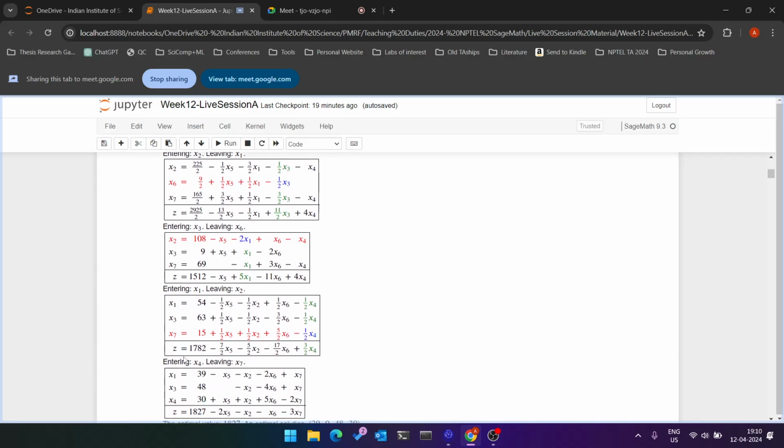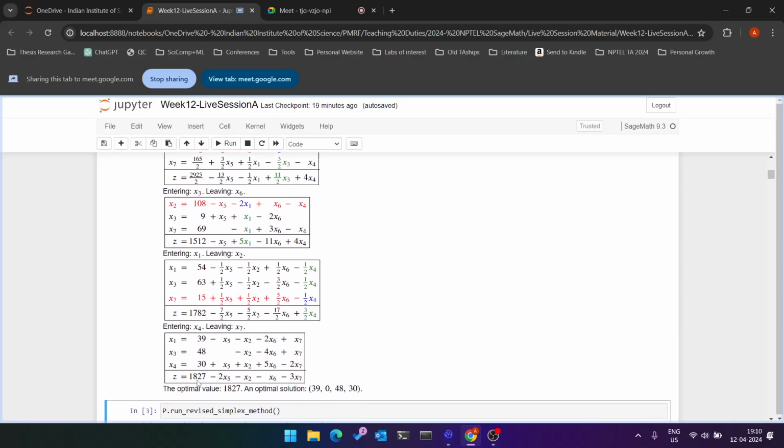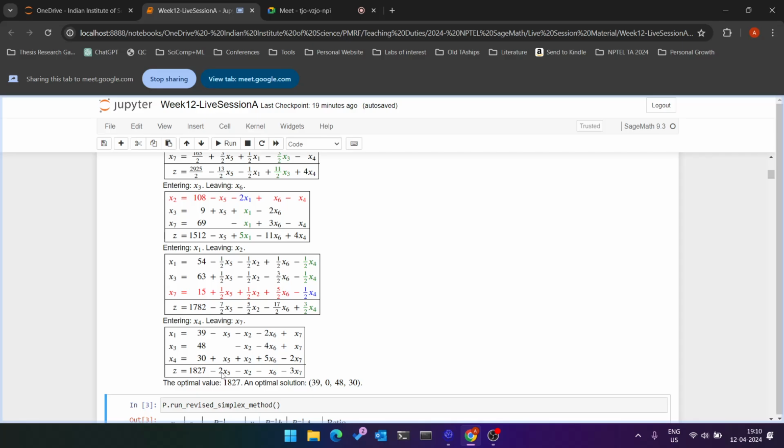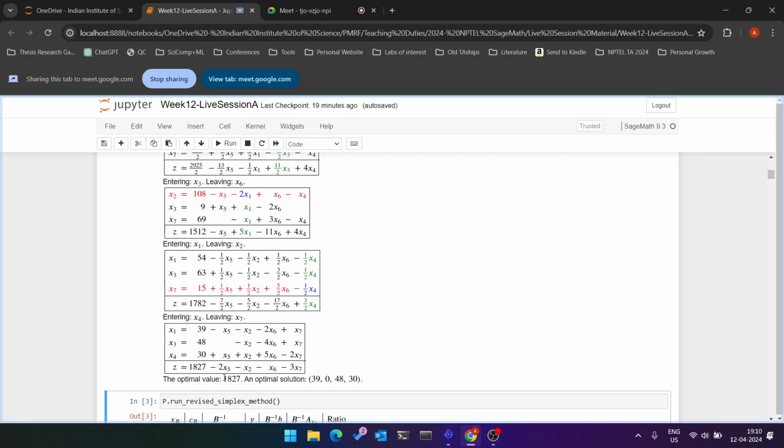By doing so, we essentially end up with an objective function which is a positive constant minus a linear combination of non-negative variables. This makes the constant the optimal value, and all the remaining variables going to 0 will help us achieve that optimal solution.